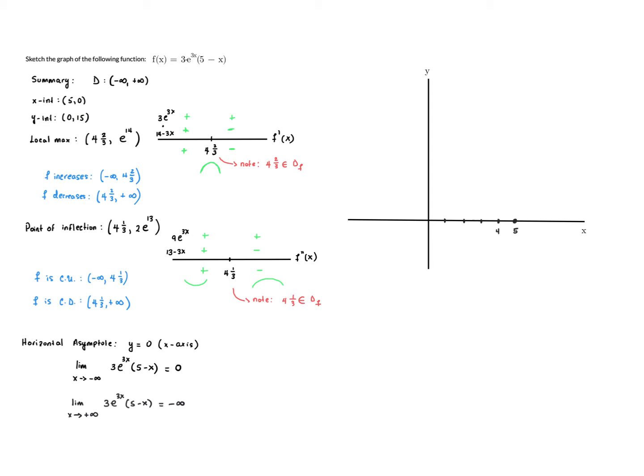is tiny. That means that if we place it on the y-axis, it's going to be somewhere right here in the bottom, very, very close to the x-axis, because e to the 14 is going to be high up here. So then let's sketch e to the 14, and this happens at 4 2/3.